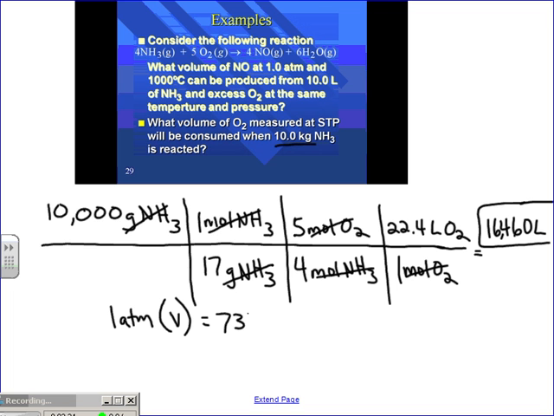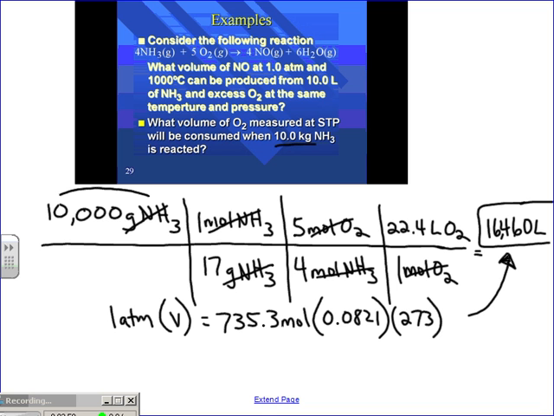That is 735.3 moles of the O2 and 0.0821 for our R value and 273 Kelvin because it's at STP. And if you did this problem, multiply, divide, all the stuff, you would still end up with the same answer right here.